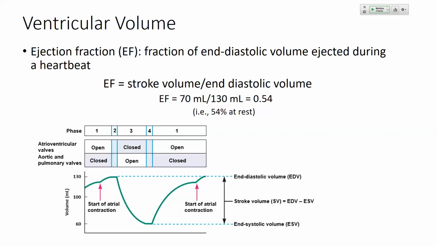And if you look at the volume tracing here at the bottom, at the start of atrial contraction, this would be the beginning of diastole. So the chamber is filling at this point. And then if you look at the volume here, this is ventricular ejection. So the volume rapidly drops off. What we filled to begin with is 130, that's our end diastolic volume.